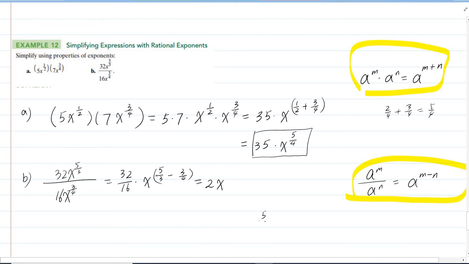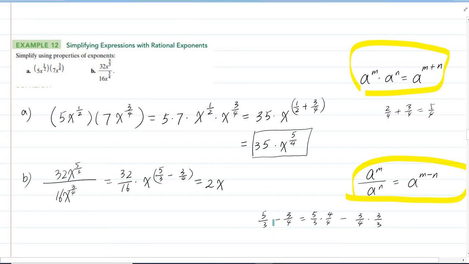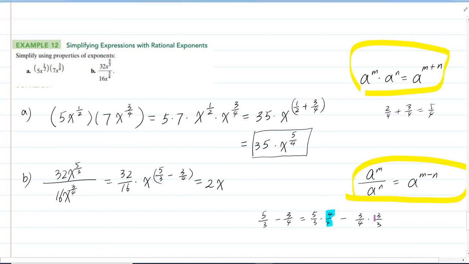So here we have 5 over 3. For those of you who don't like fractions, make sure you practice this. I can rewrite this as 5 over 3 multiplied by 4 over 4, minus 3 over 4 multiplied by 3 over 3. All I'm doing is finding the common denominator, just in case you don't remember this from your algebra class.